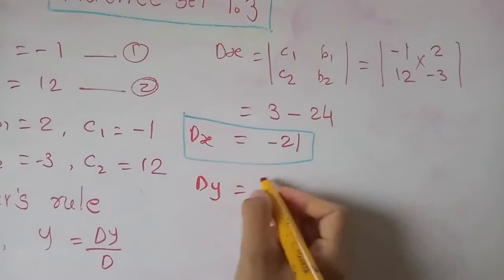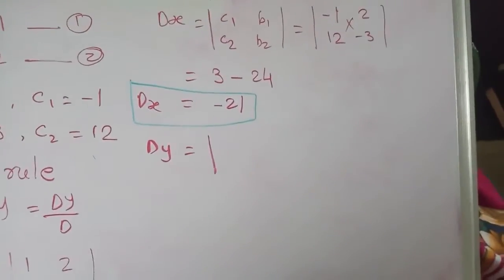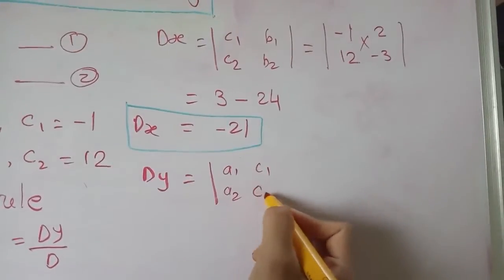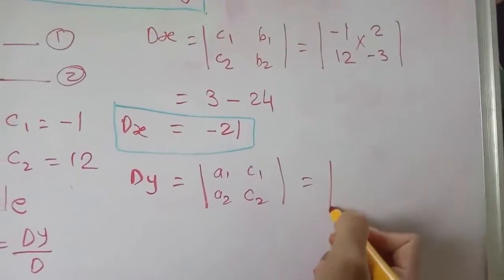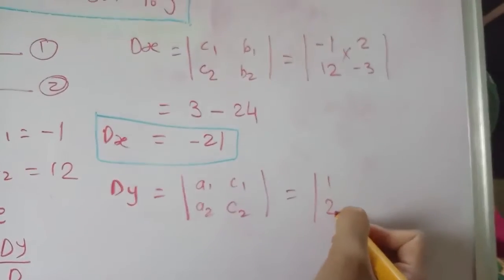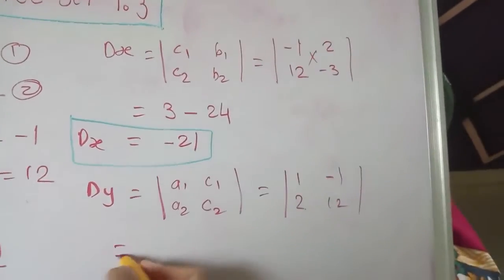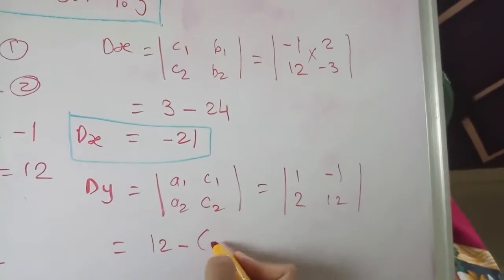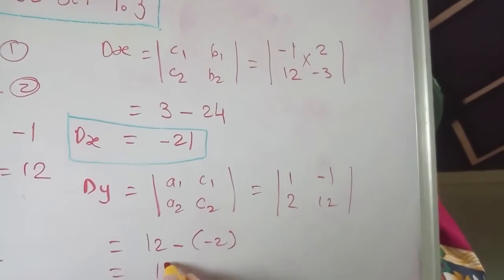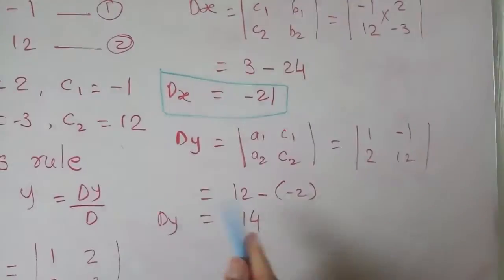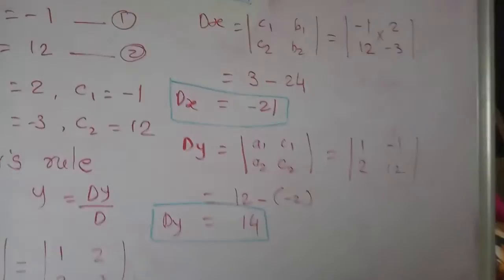Next dy is equals to determinant of a1 a2 and c1 c2 is equals to 1, 2 and minus 1 and 12. So cross multiplication, 12 minus minus 2 is equals to 14. So dy is equals to 14.